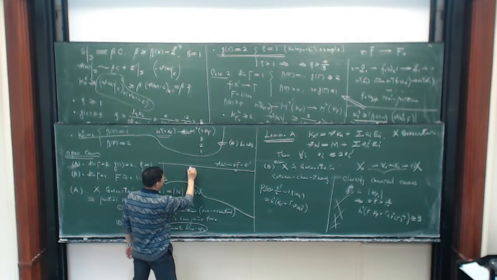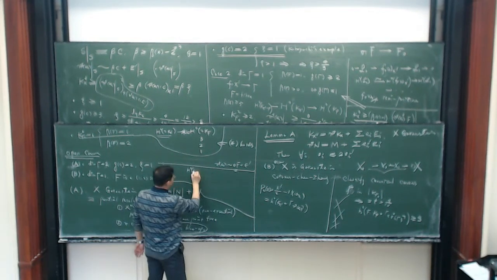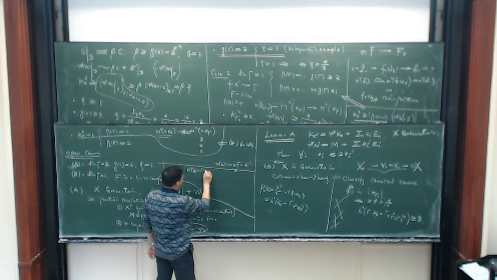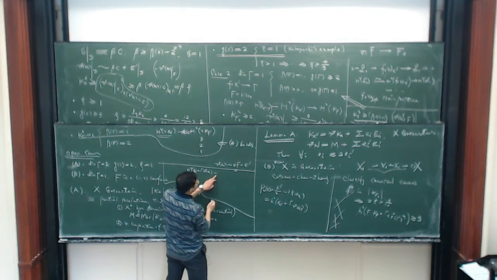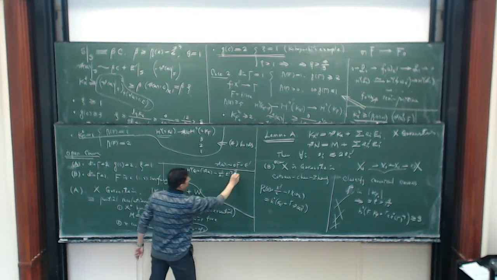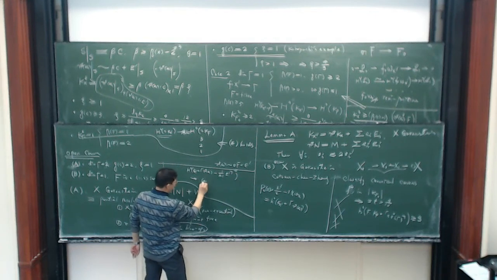So h^0 of K_X' plus pi star K_X minus something, say M1 prime.